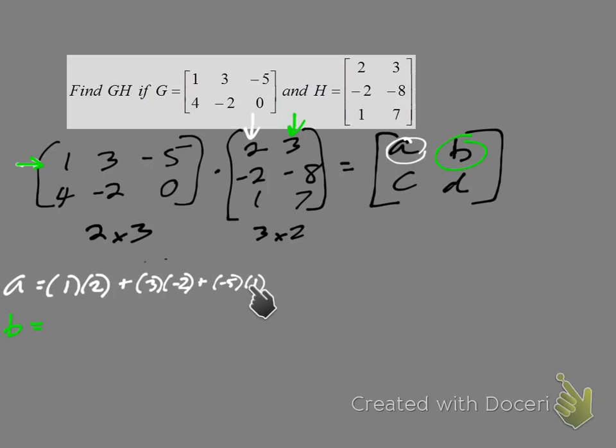No, you do this one times this one, that's it. Each one gets used once. I thought we were supposed to multiply 1 by all the columns. No. So B: 1, 3, negative 5 times 3, negative 8, 7.